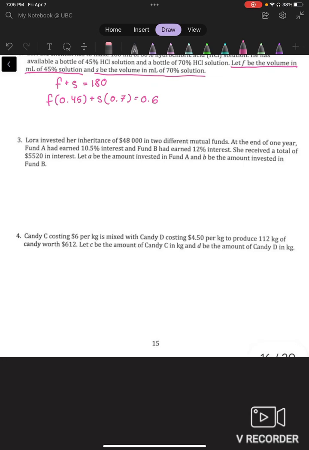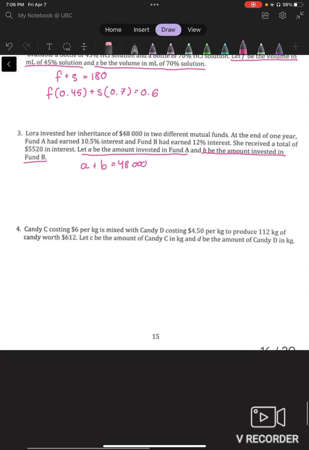Let A be the amount invested in Fund A and B be the amount invested in Fund B. So in total, they'll have invested $48,000. So she separated $48,000 into two mutual funds, and that could be separated into A and B. So that's your first equation.